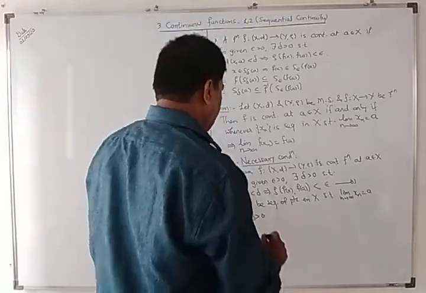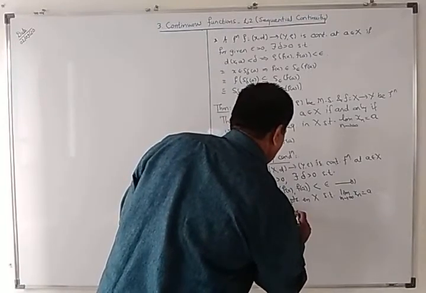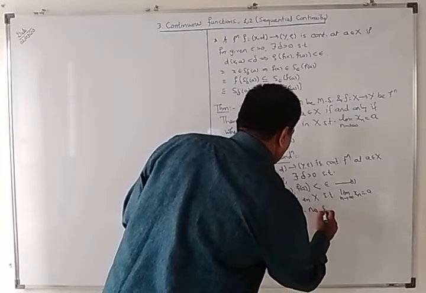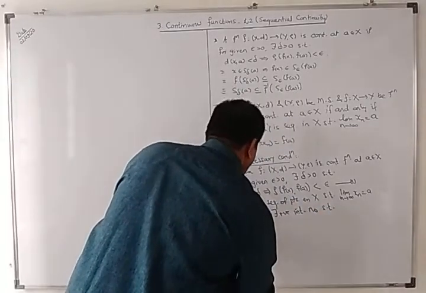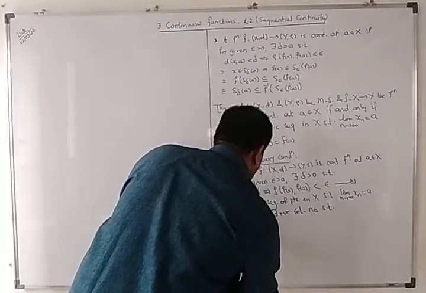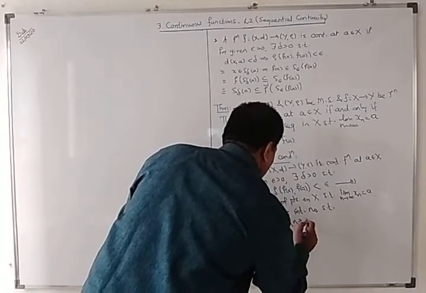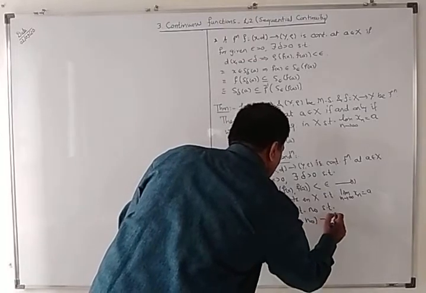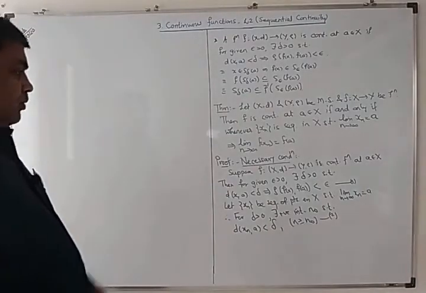Therefore, for delta greater than 0, there exists a positive integer n naught such that d(x_n, a) is less than delta for any n greater or equal to n naught. This is two.